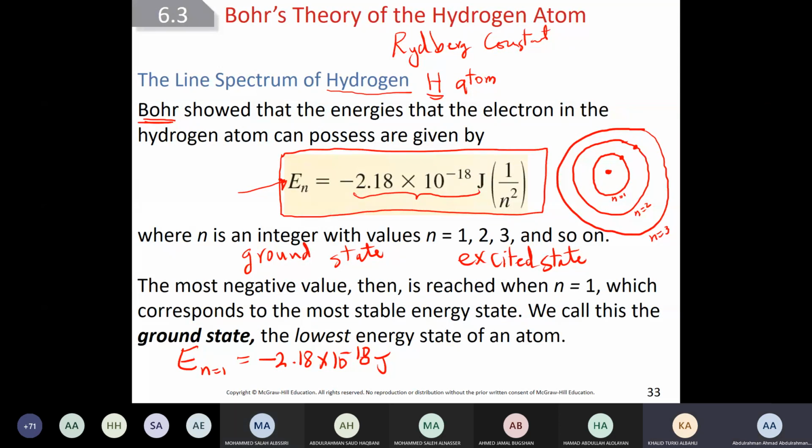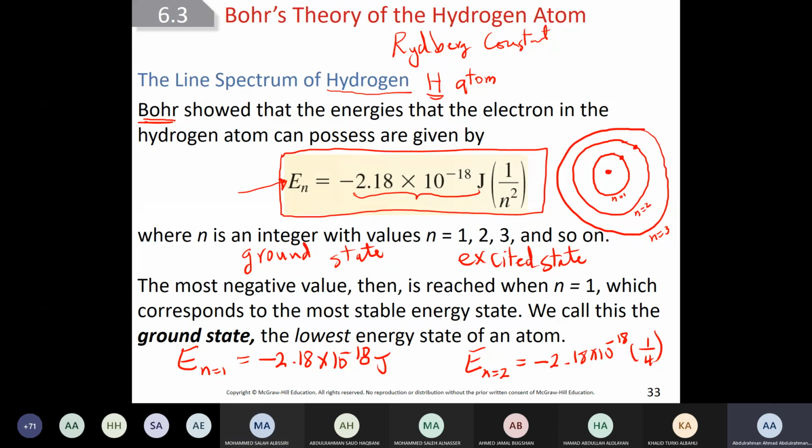What's the energy of n equal to 2? It is the same multiplied by 1 over 4. Exactly, so minus 2.18 times 10 to the power minus 18 times 1 over 4. And if I want n equal to 3? Multiply by 1 over 9.